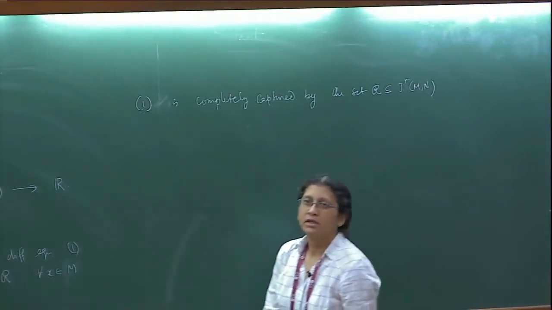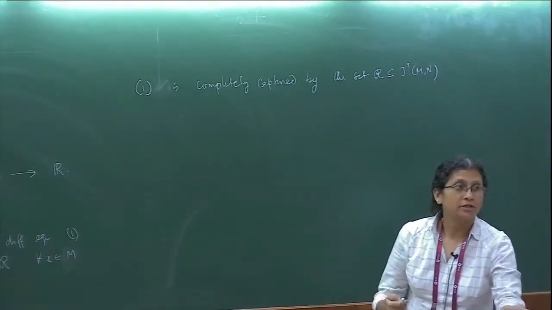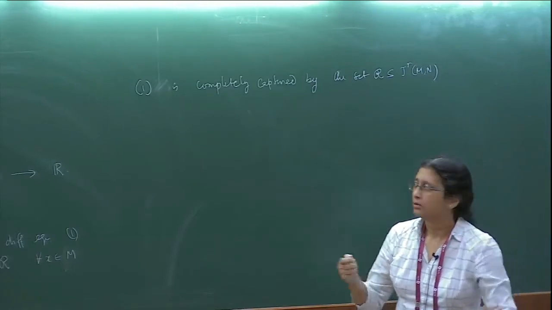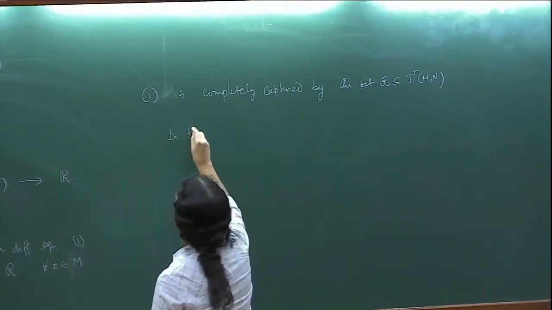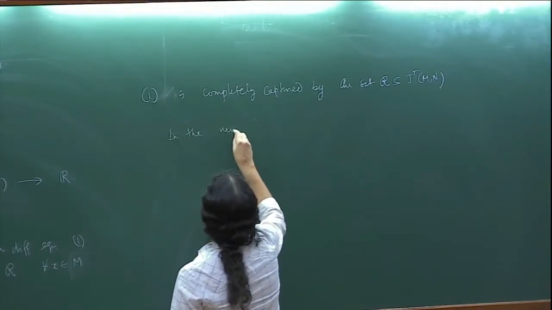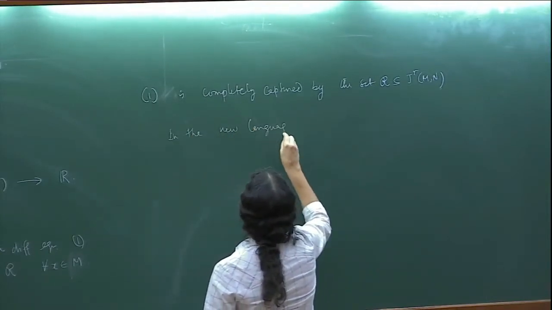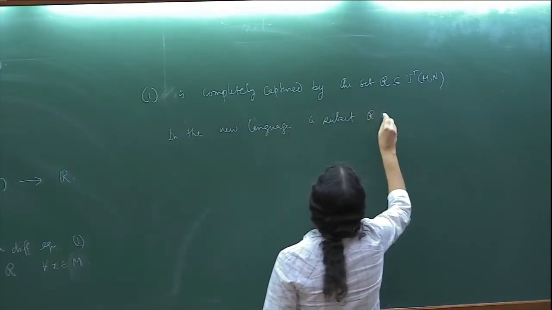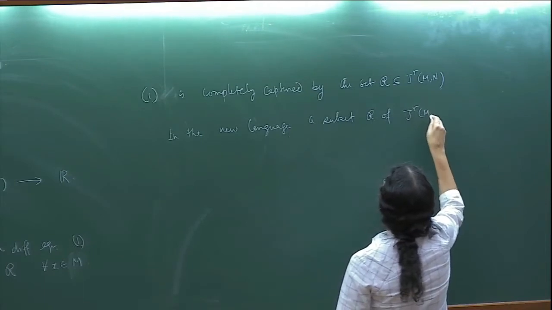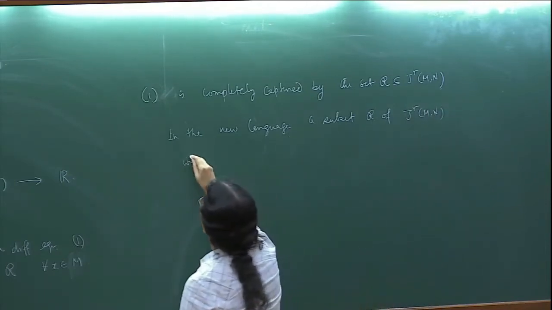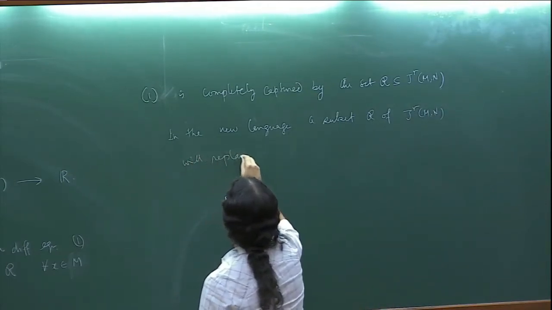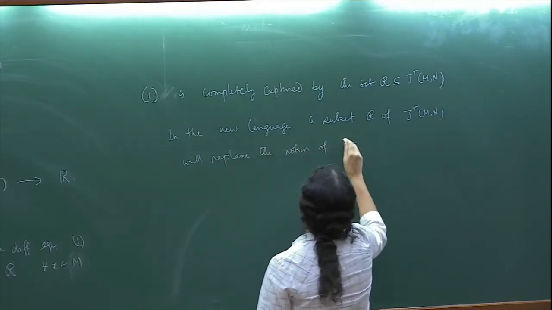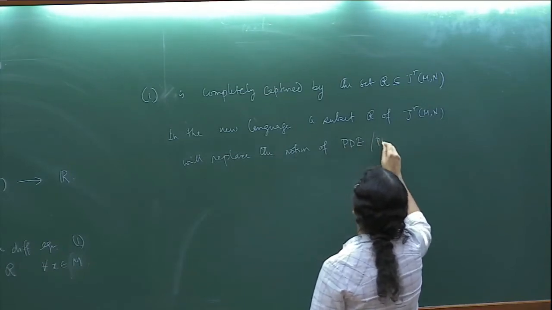So in the new language, R will stand for a partial differential relation. A subset R of the jet bundle will replace the notion of PDE slash PDR.